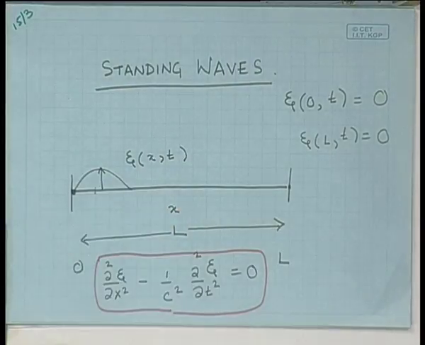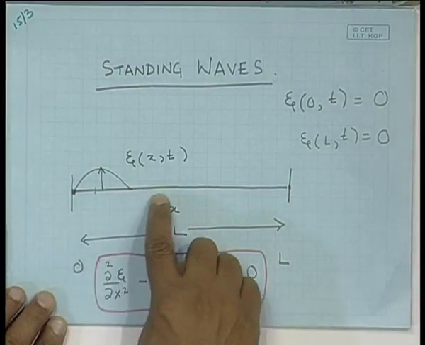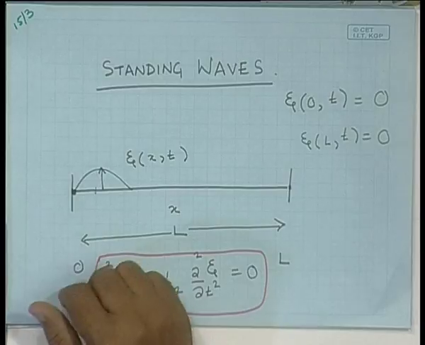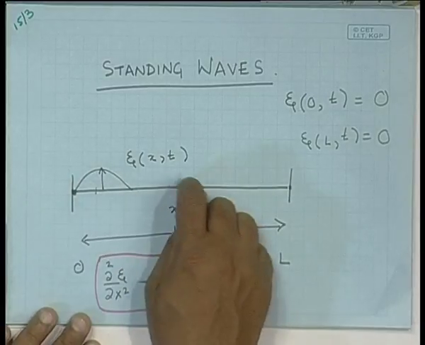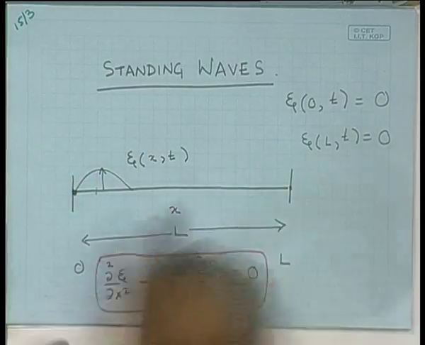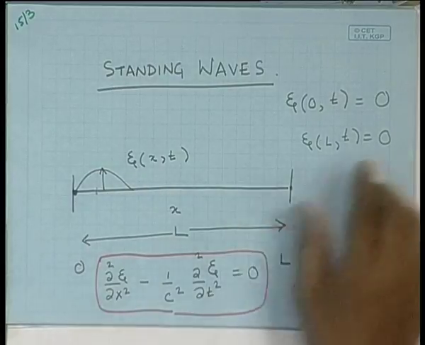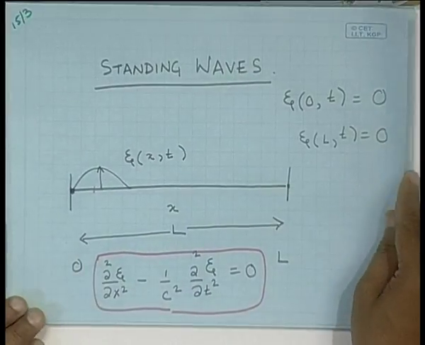And the answer is no. Obviously, this does not look like sine. The standing waves we saw had an x dependence of sin k_n x, and this does not look like that. So, the question is, how do we handle this? Well, the solution is as follows.